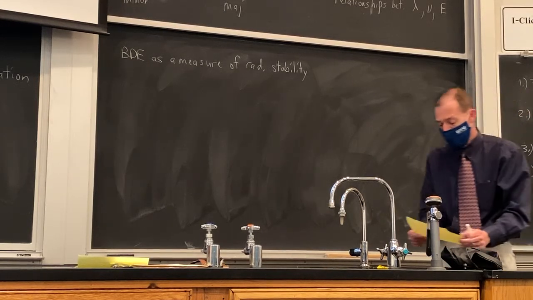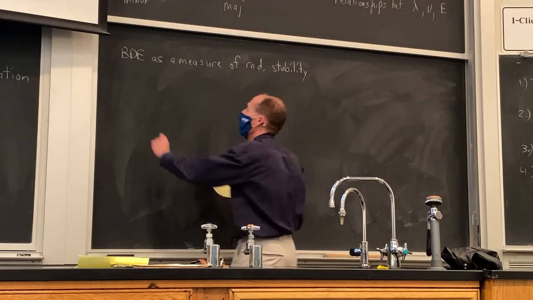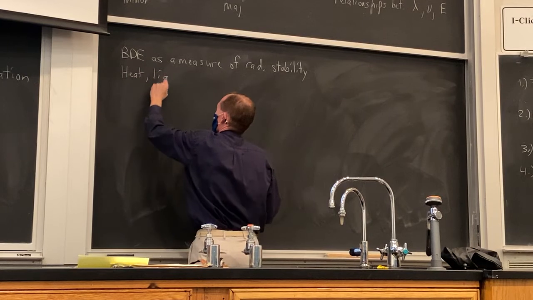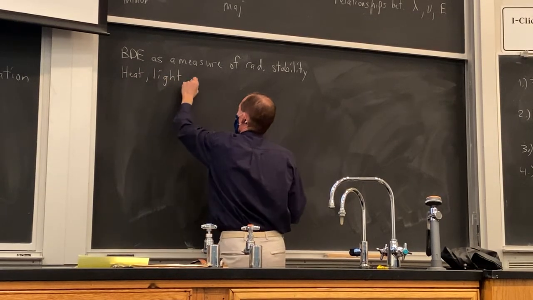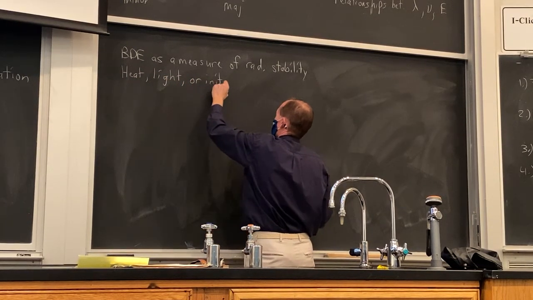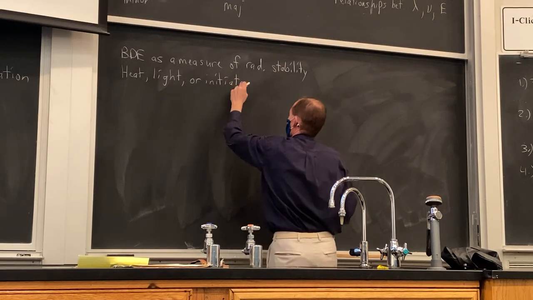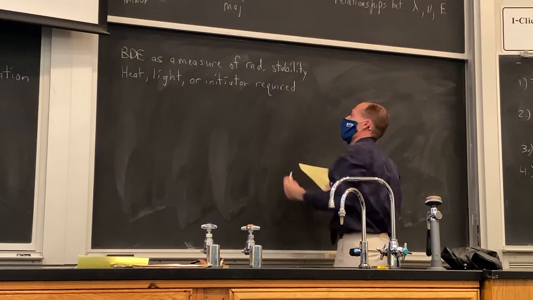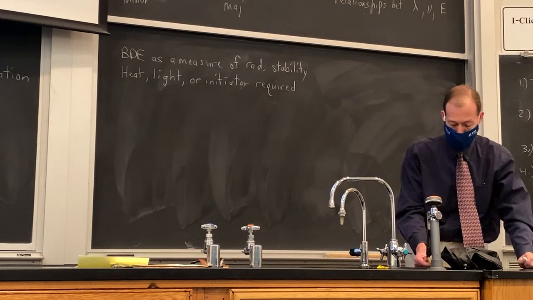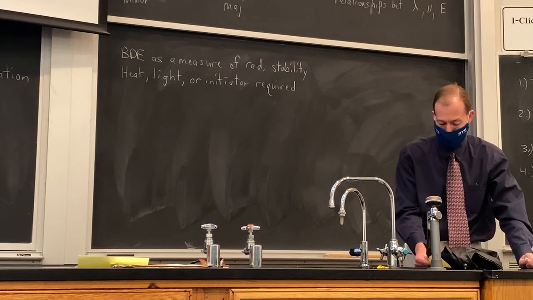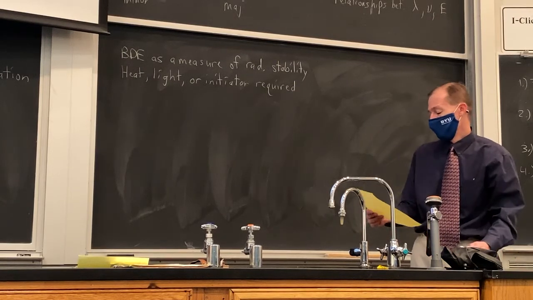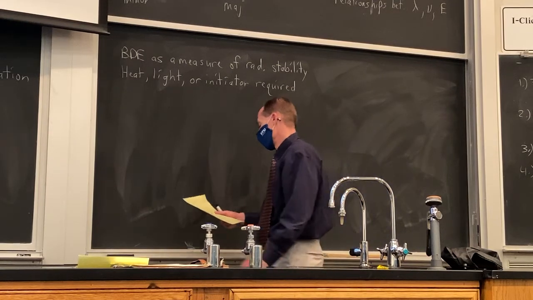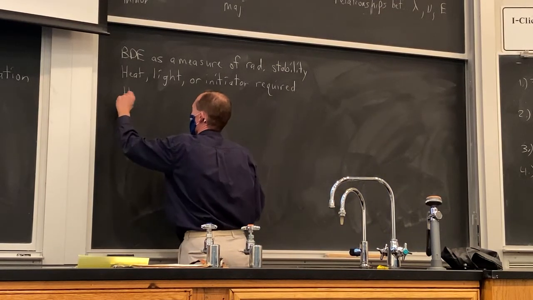Okay. Another general feature, we learned about the requirement for heat, light, or an initiator. One of these three things is going to be required for a radical reaction to take place. Then we learned about typical processes that occur in radical reactions.